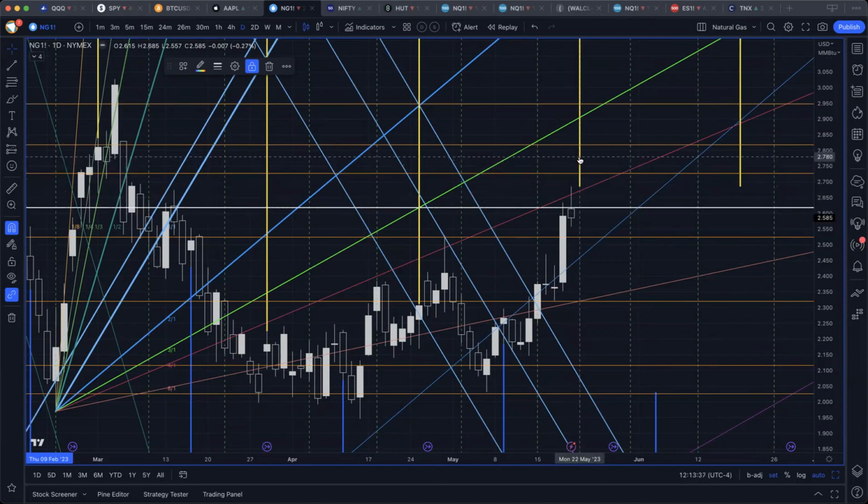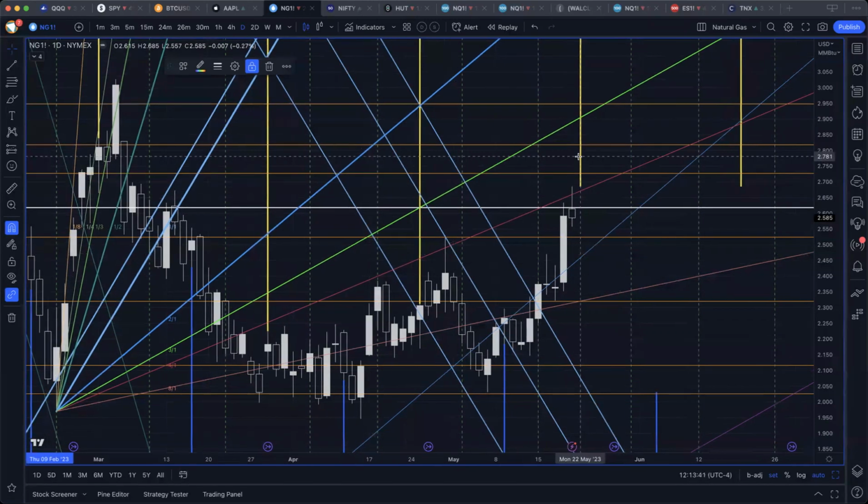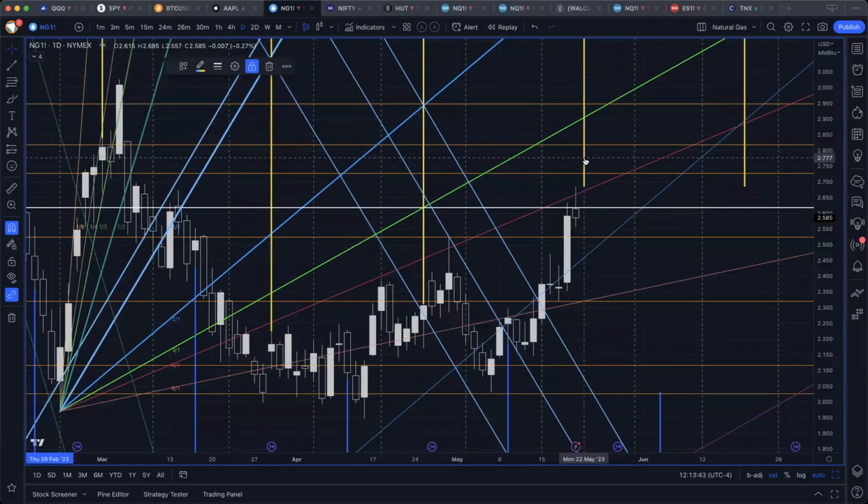Now, one of the things I really like about natural gas is when it's in sync, when it's trending, it tends to respect the Gann waves really well. Again, these are the blue and yellow lines. They're a lunar cycle. So we're starting to see that synchronicity reappear here. We've got lows around blue, highs around yellow, lows around blue, highs around yellow. Wouldn't be surprised to see that continue.